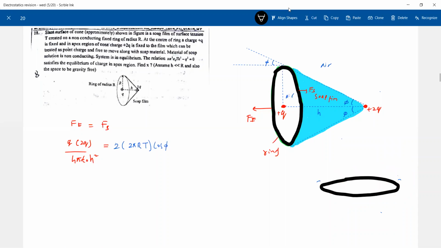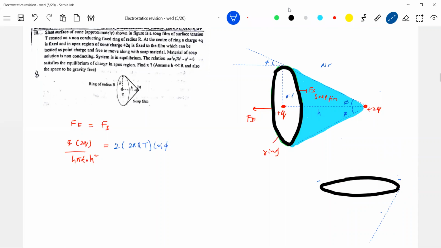They should point towards the apex of the cone, no? So this is the angle phi. This should be the angle phi. Okay, I agree. So solving this, what is cos phi?